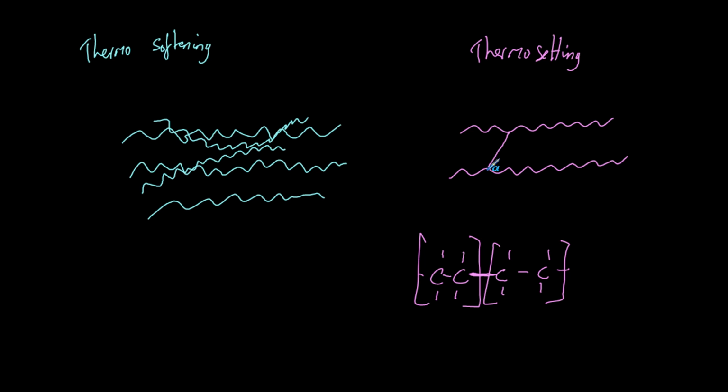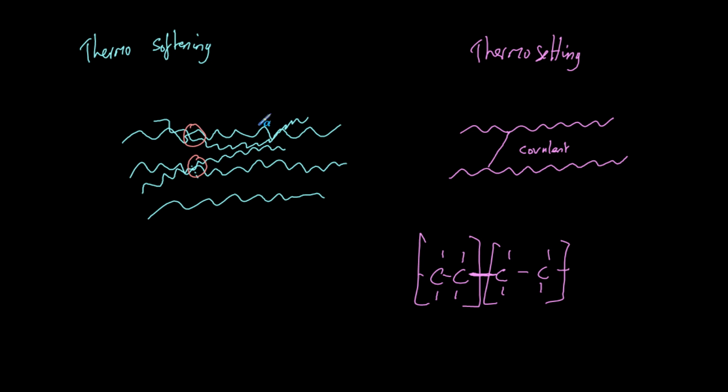So the interaction between this molecule and this molecule is extremely strong, because we know that covalent bonds are very strong. However, if we take a look at our thermosoftening polymer, these two are just tangled up here.